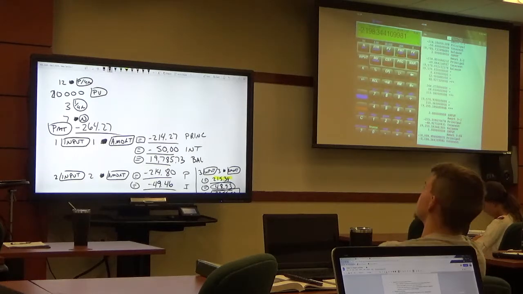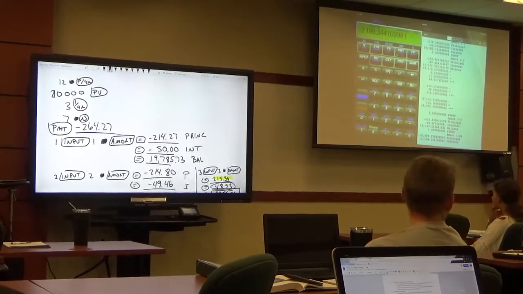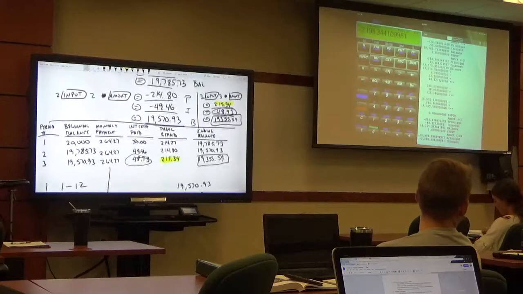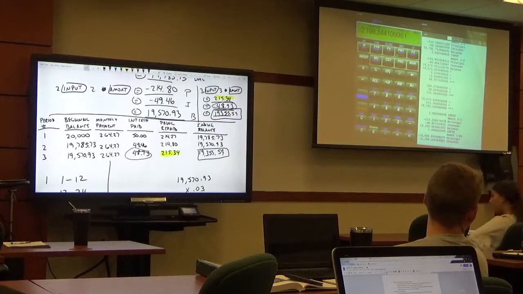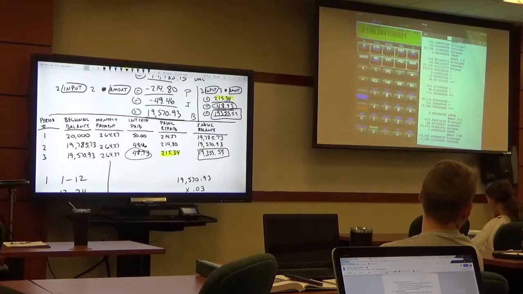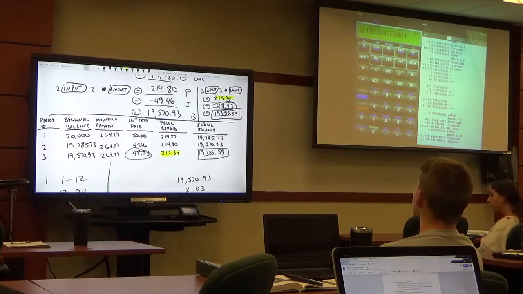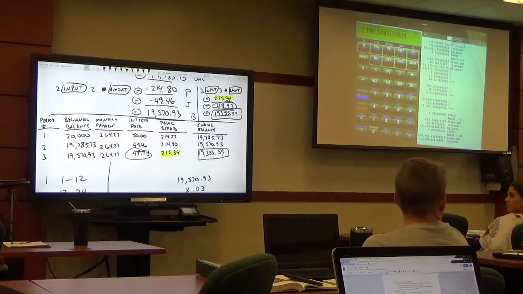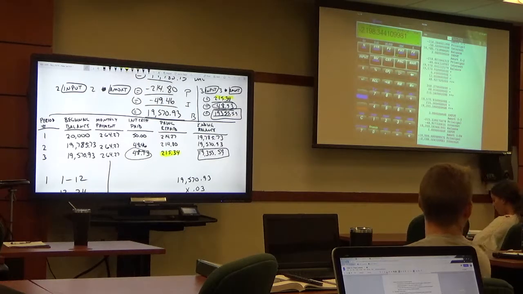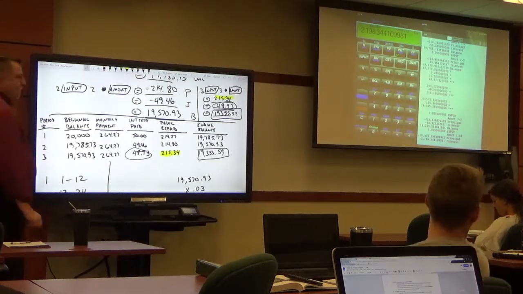Other questions? Yep. So inputting 1 input 12 is for the first year, monthly. And if you do 1 input 84, that's for the whole term of the loan, the entire 7 years. So if I want to go specifically to the 60th month, I have to put 60 input 60?